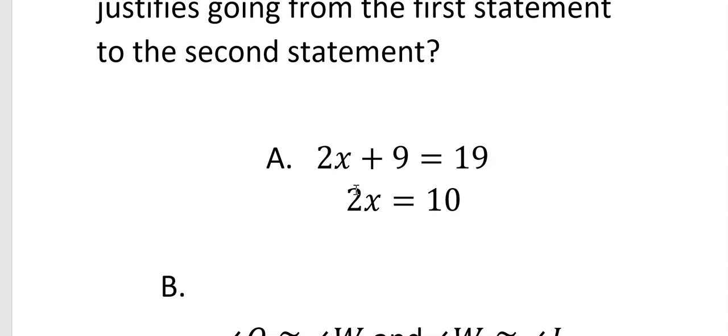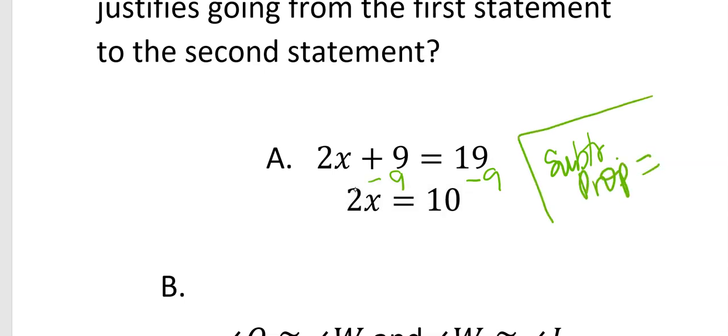Okay, so you are using the subtraction property. So if you think in your head, what do I do to solve this? You're going to write minus 9, minus 9. That tells you what property you're using because you are subtracting. So your answer would be subtraction property of equality because there's an equals in here.